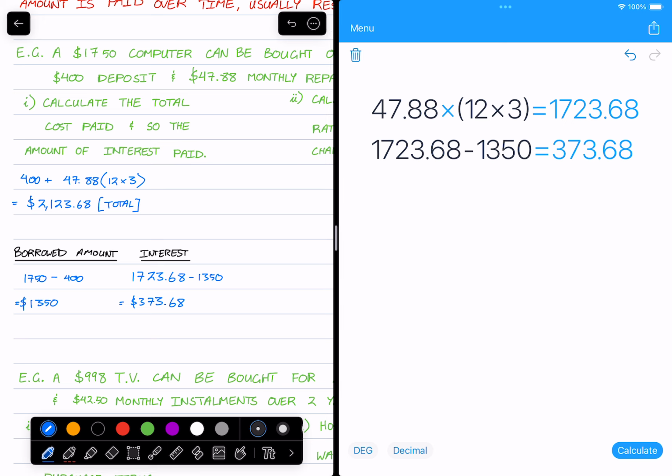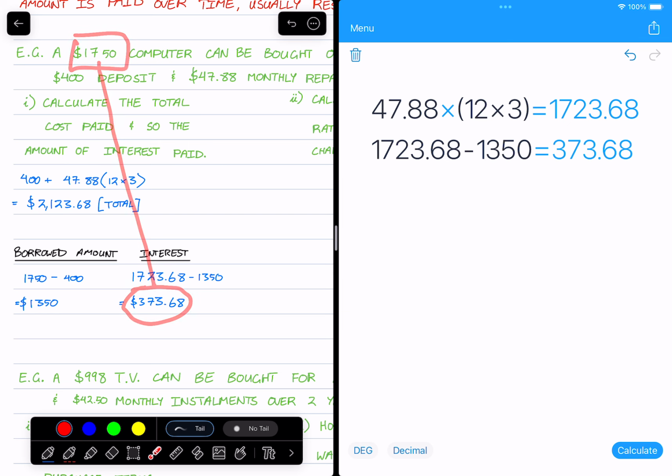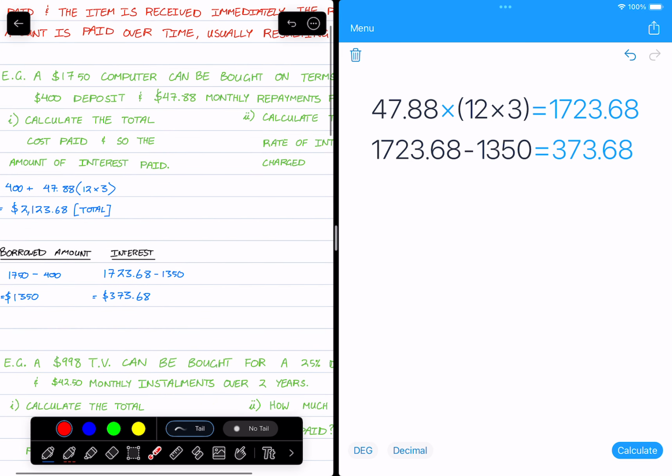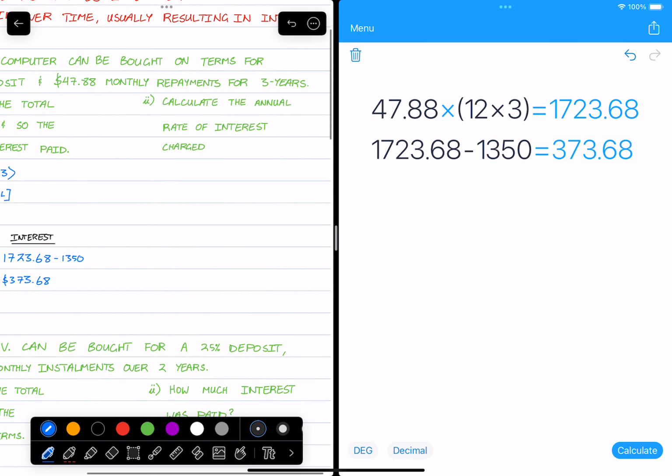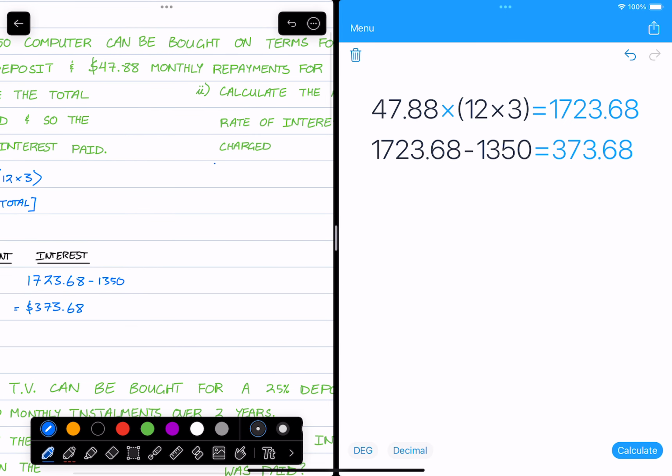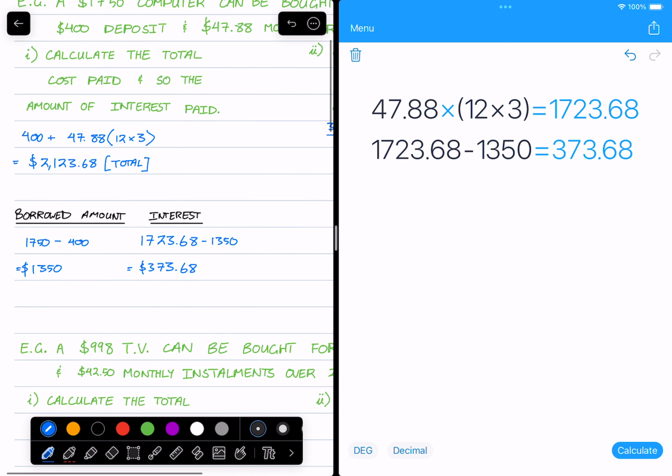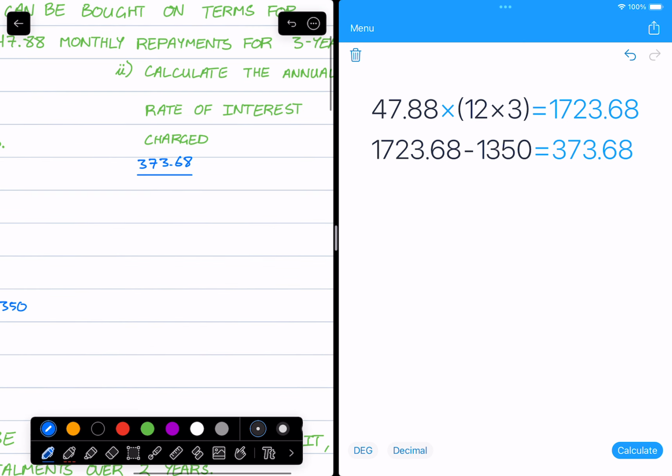And so now if we want to find the interest rate, once again, we don't find the interest rate against the original amount. We take the interest rate against the amount that we've borrowed. So the interest rate is going to be the interest, 373.68, over the borrowed amount, which was this amount here, 1350.